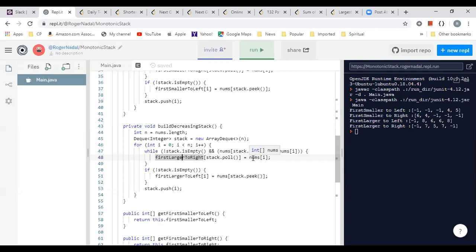If the stack is not empty, then before we add to the stack, we can fill this value, who is larger to the left. Whoever is on the stack currently is the first larger value, because we are maintaining the decreasing stack.